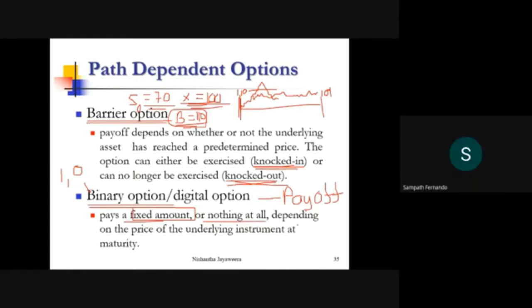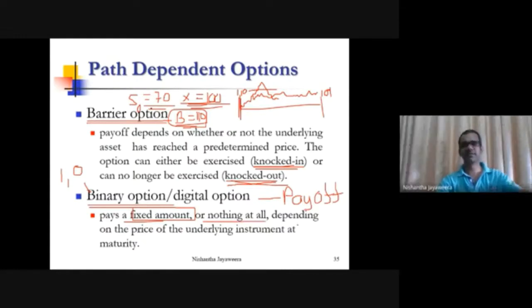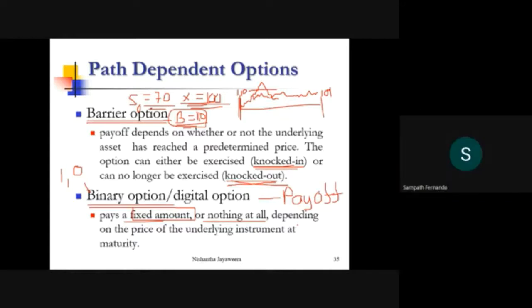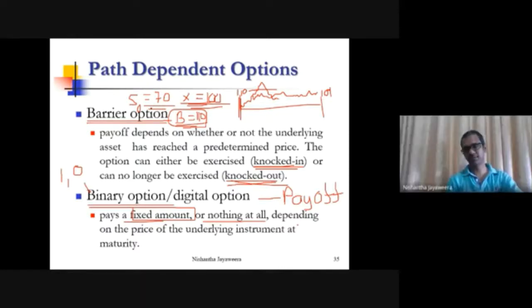Nothing means, if the option expired, say a call option, and the spot price is below the strike, you don't get anything. That can happen. Only the maximum amount is there, no? Only the maximum or minimum. That minimum is 0. Not the maximum. This is the fixed amount.